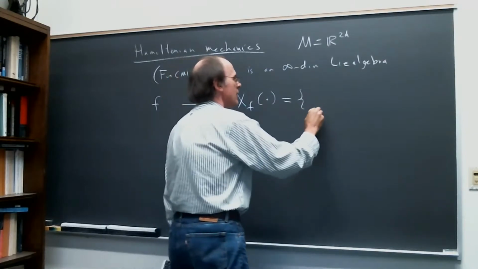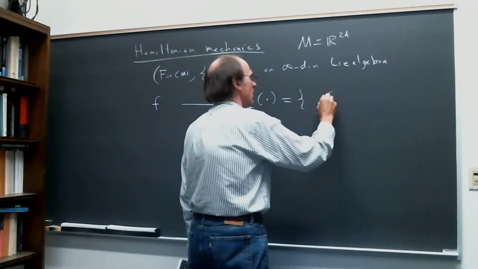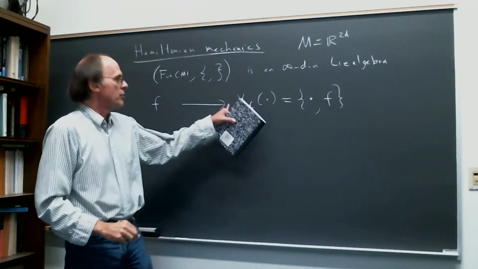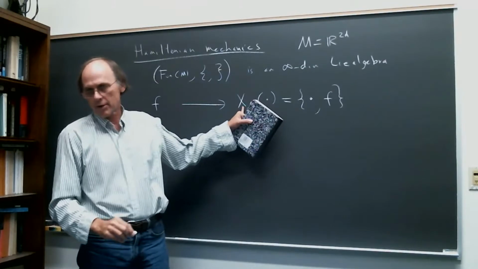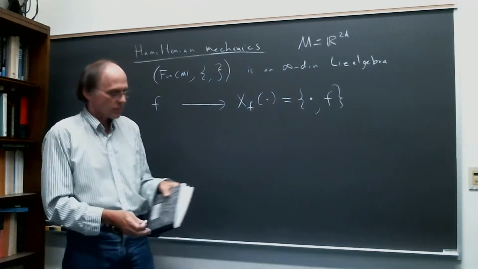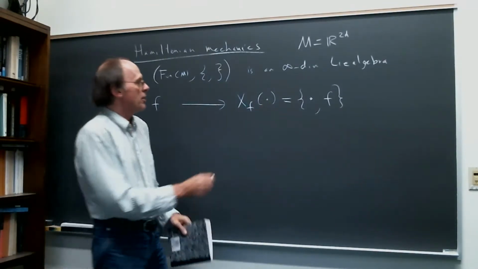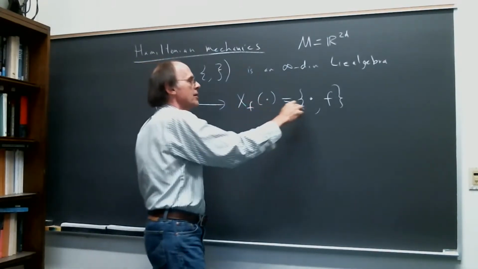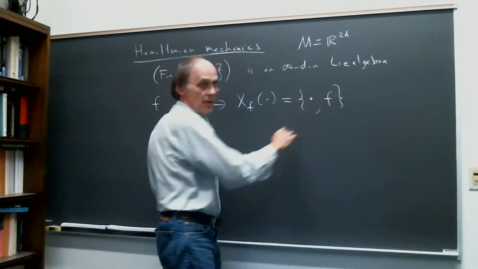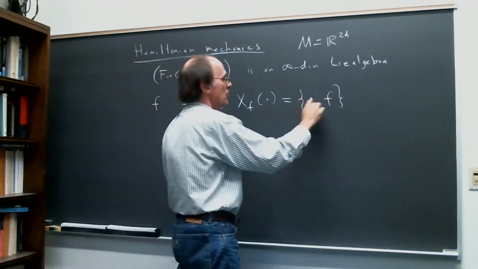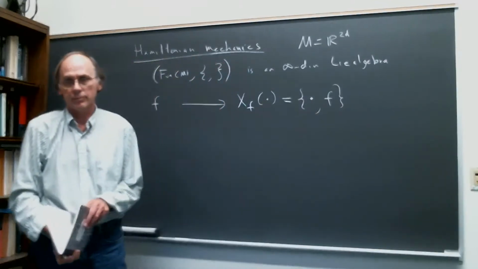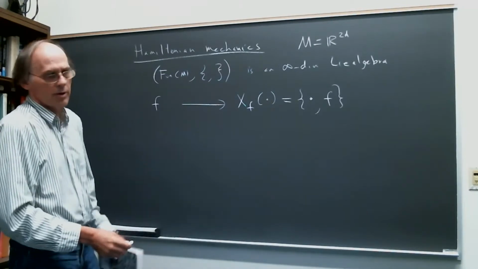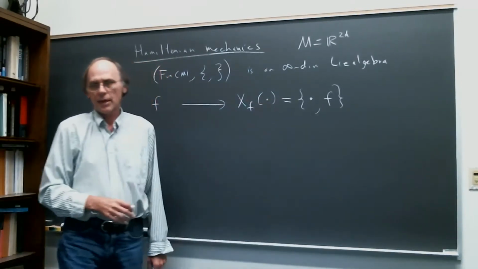You can think of this as a vector field, but what it is is something that, if you apply this vector field to a function, gives you another function, and that other function is just the Poisson bracket with F. There are a lot of different ways of thinking about what's going on here.